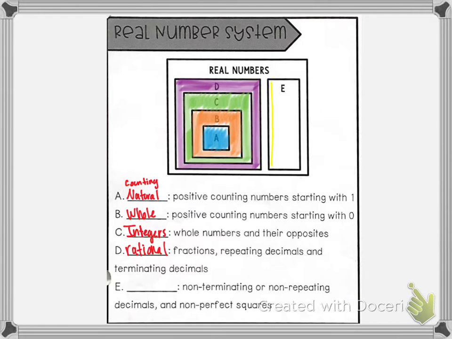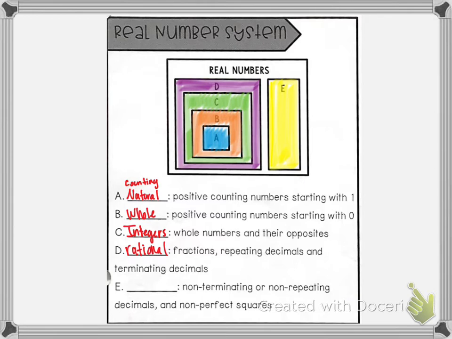E is off to the side, so that means E is not going to be anything that is related to rational numbers. So it can't be integers, it can't be whole, it can't be natural, because they're off to the side and they're not even inside or outside of A, B, C, D. What they are is real numbers.